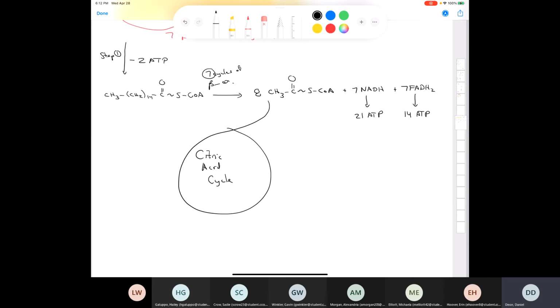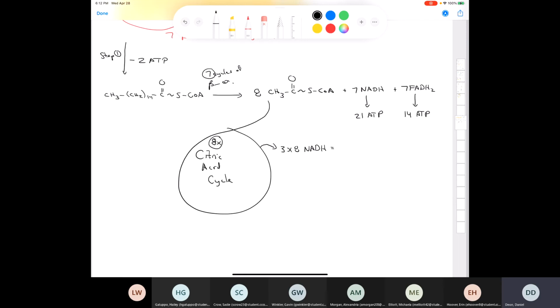What do we produce throughout the citric acid cycle? Well, if we have 8 molecules of acetyl coenzyme A, we're going to do the citric acid cycle 8 times, aren't we? 8 times the citric acid cycle. Well, what do we produce in the citric acid cycle? We produce 3 NADHs. So 3 times 8 NADHs.